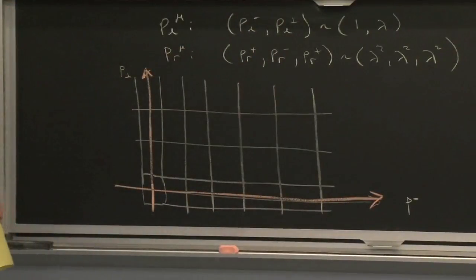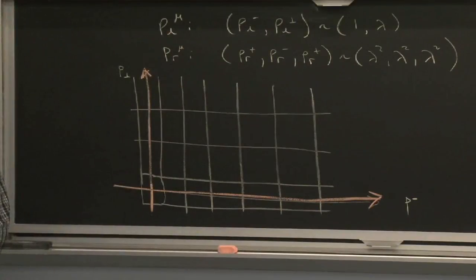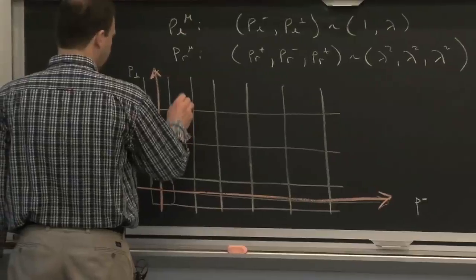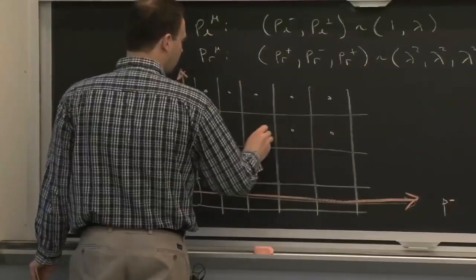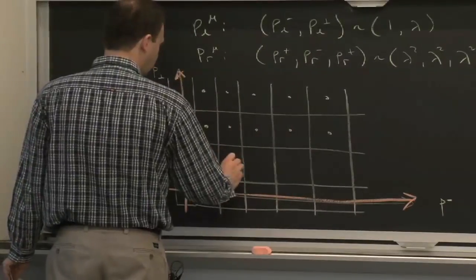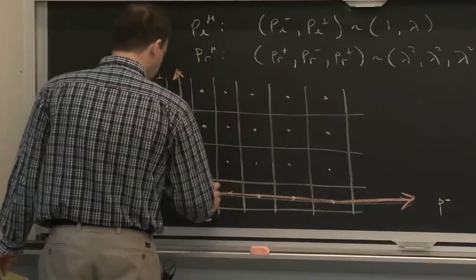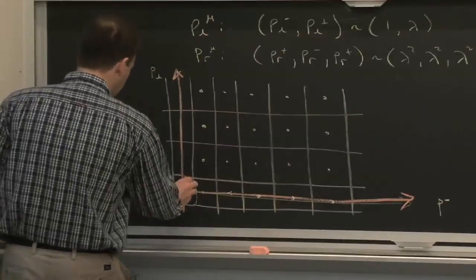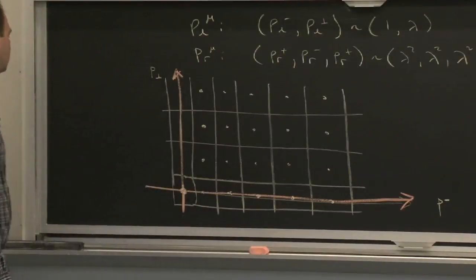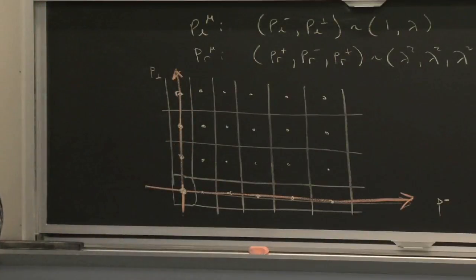The way I want to think about these two types of momenta is to think about the p_L's as discrete and the p_R's as continuous. So let's think about the p_L's as labeling these points at the center of each of these boxes in the grid. My squares are not the same size, but they roughly should be.